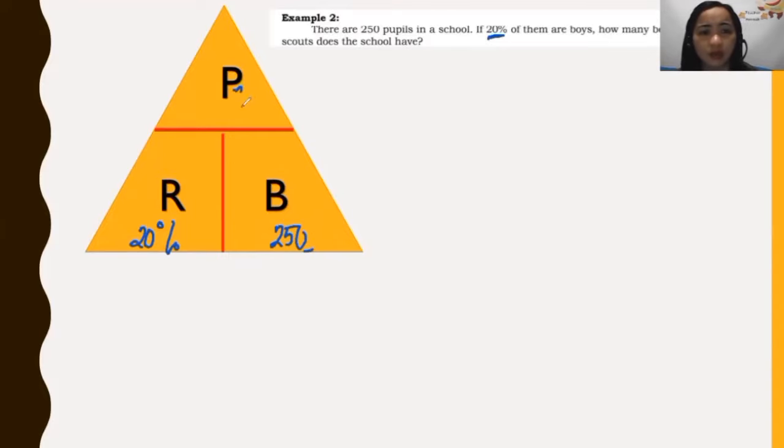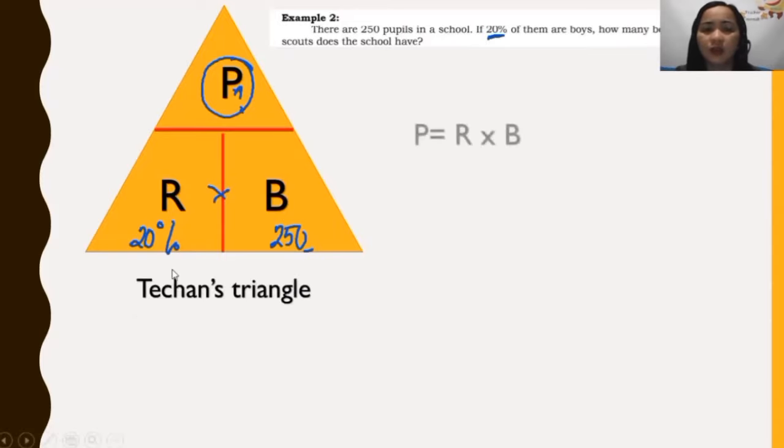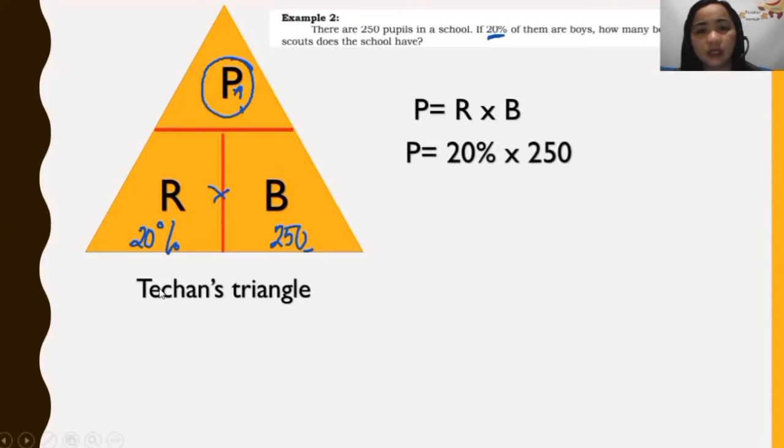So, we are looking for percentage here. So, anong gagawin natin kapag hinahanap ang percentage? We have here, percentage is equal to rate times base. So, that is 20% times 250.